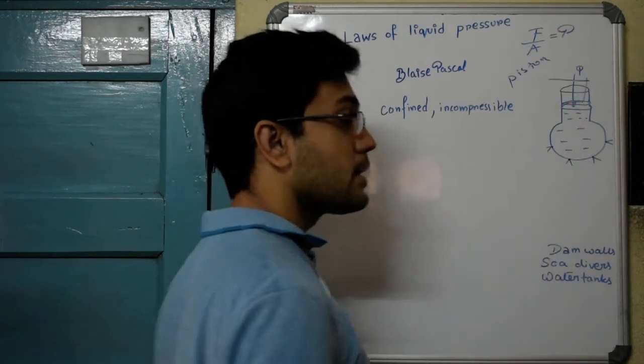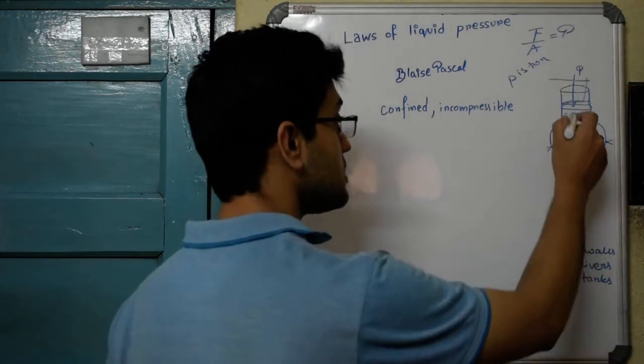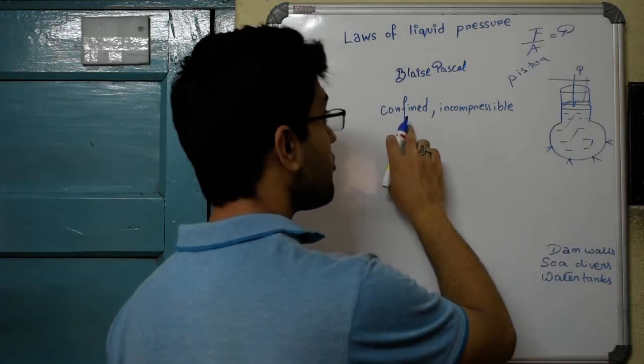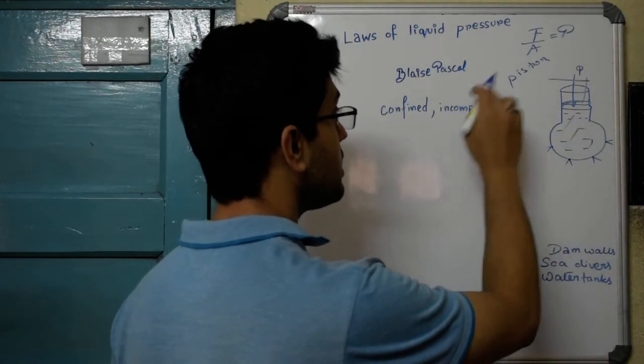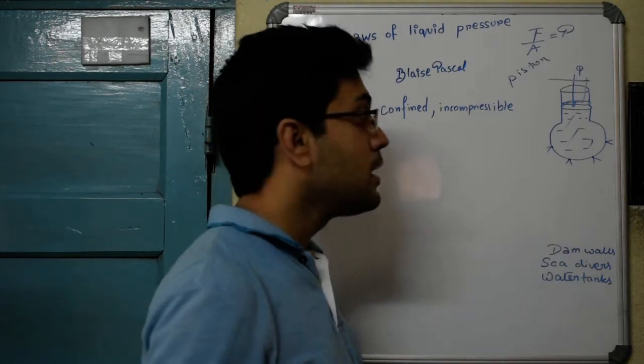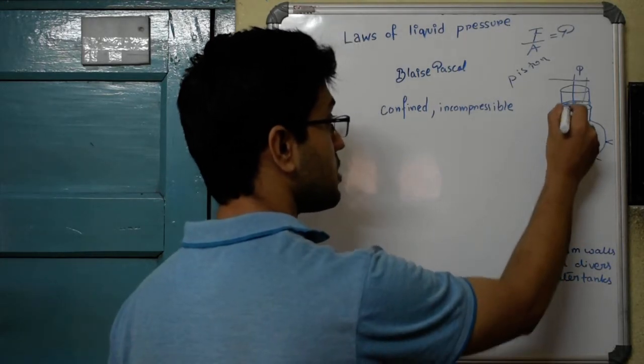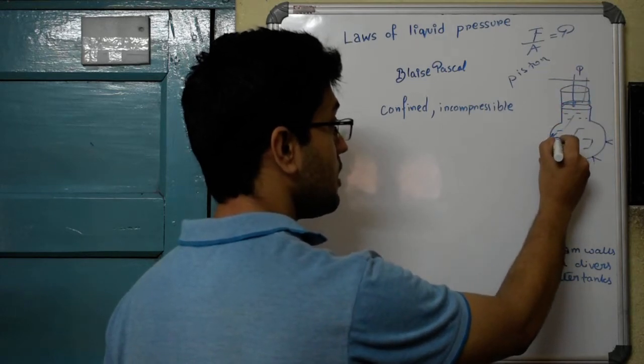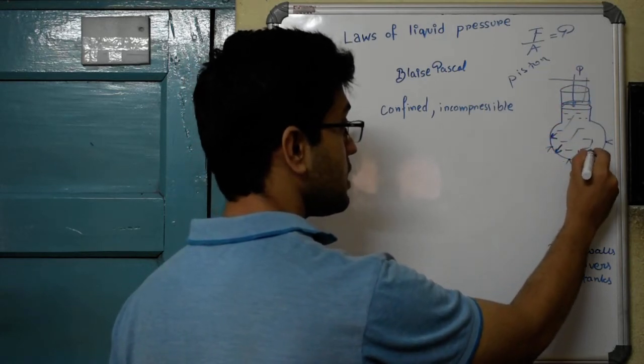So the pressure we exert on the piston, since this fluid here is a confined and incompressible fluid, that pressure will be propagated uniformly throughout the fluid. As a result, that pressure that we apply here will be communicated uniformly.